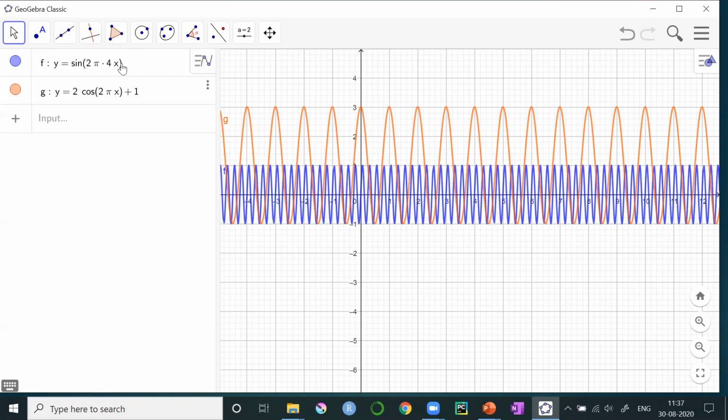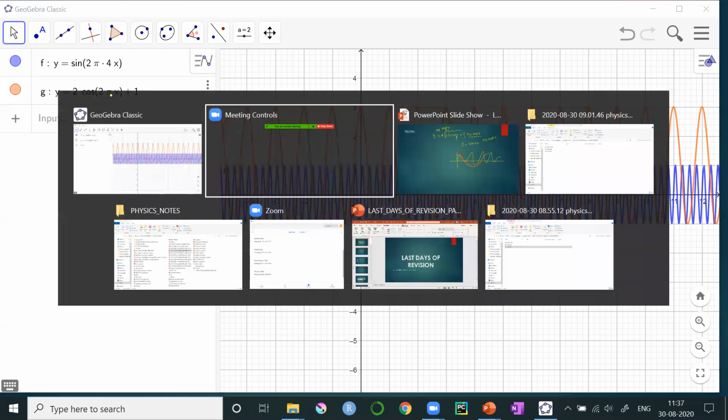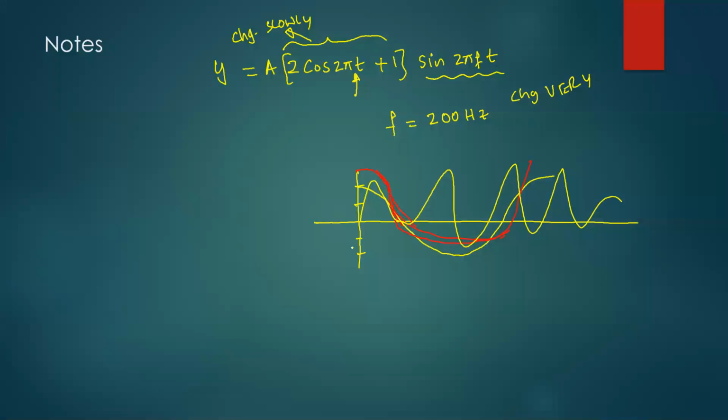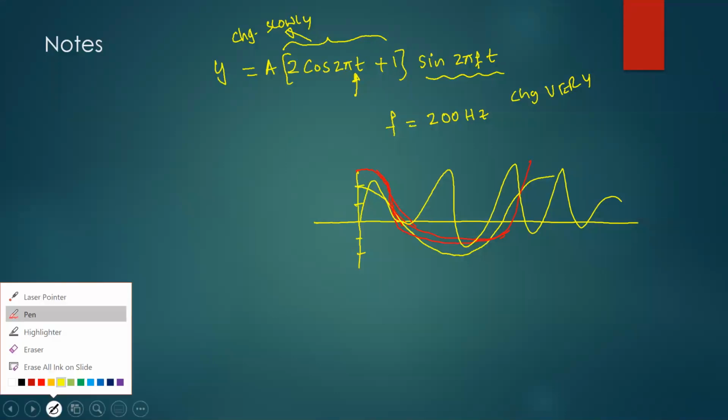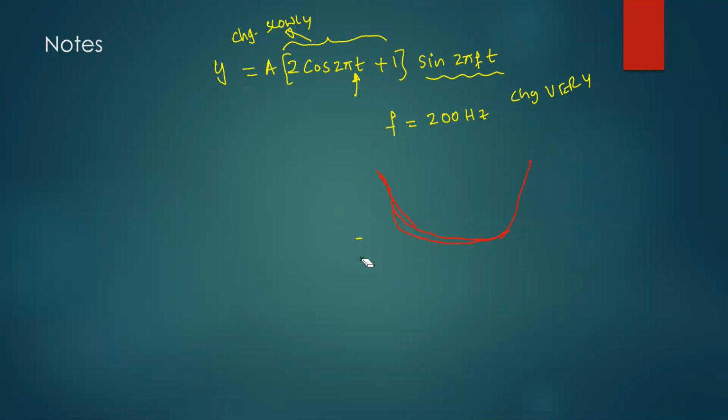But if you think about it, here what you should understand is we have this function 2 cos of 2 pi x. I think the graph is not drawn nicely, so I'll do one thing.